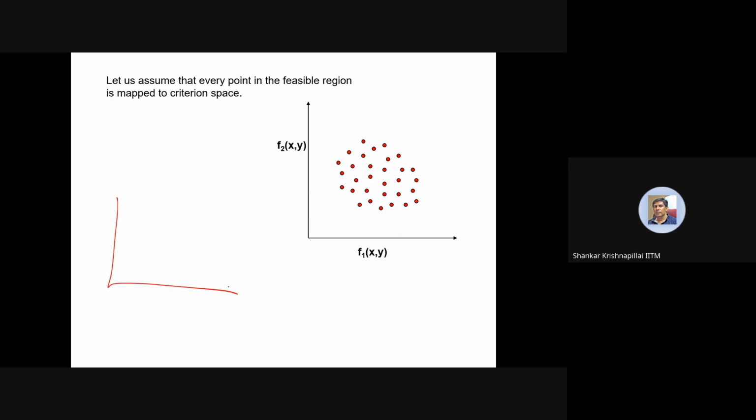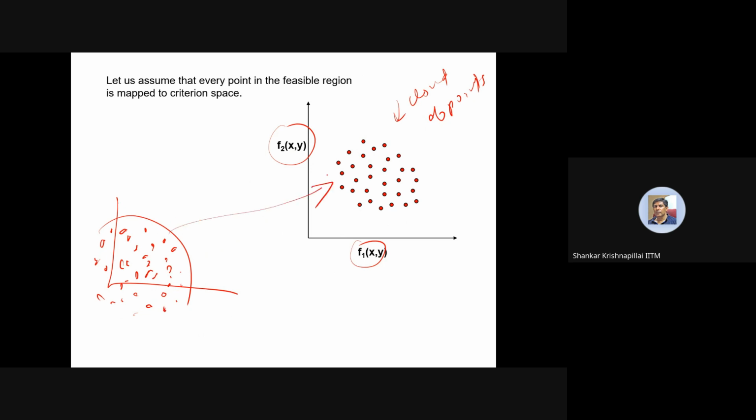Eventually all the points here, x1 y1, x2 y2, x3 y3, are converted to f1, f2 values, so you get a cloud of points. This entire feasible region has an infinite number of points, and all of these are transferred to an infinite number of f1, f2 points.